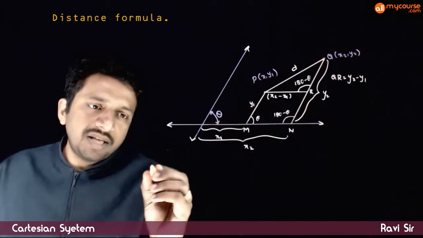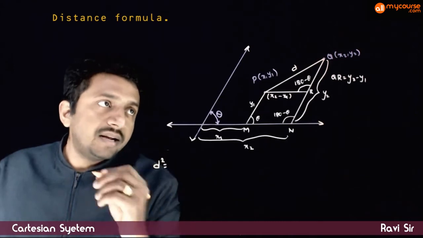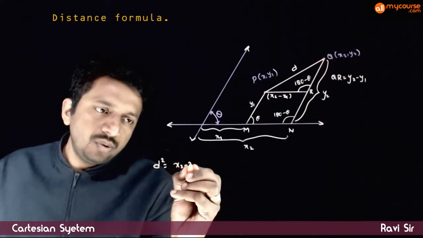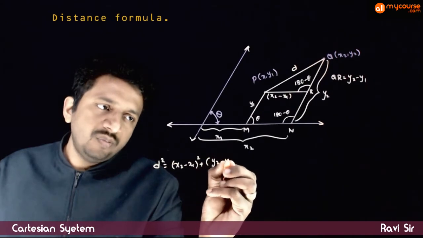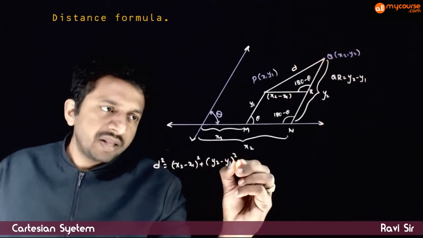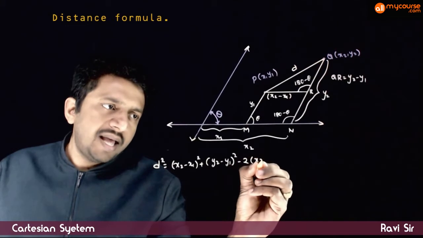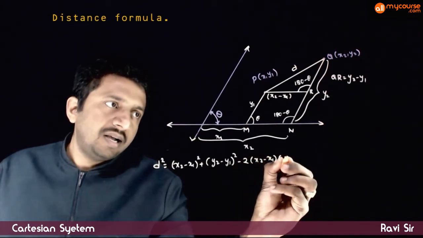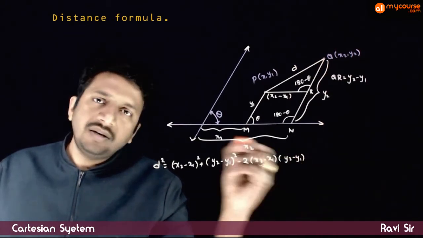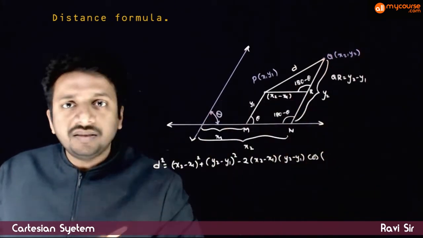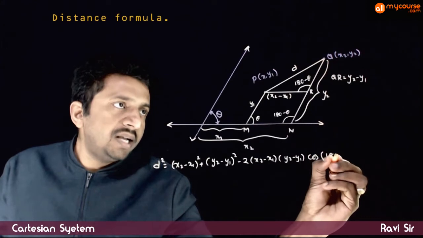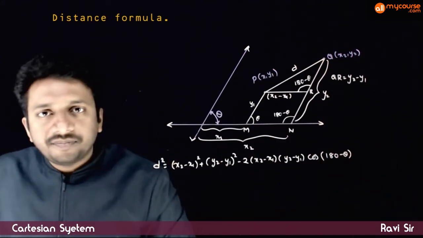So now using the cosine rule, d square is equal to x2 minus x1 whole square plus y2 minus y1 whole square minus 2 times x2 minus x1 times y2 minus y1 into cos of the angle between these two sides, 180 minus theta.